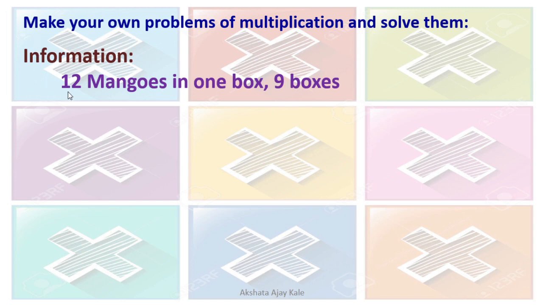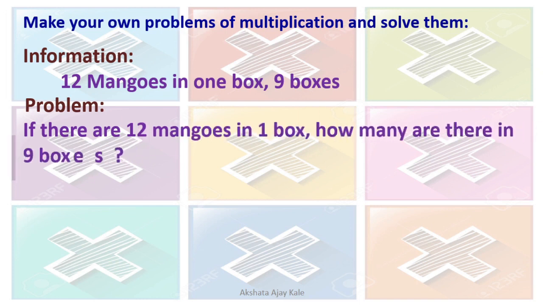Here we have to make a problem. Okay, we will try here. Now 12 mangoes in one box. We will use a sentence and we will make a word problem. Okay, see, we can write like this. If there are 12 mangoes in one box, how many are there in 9 boxes?